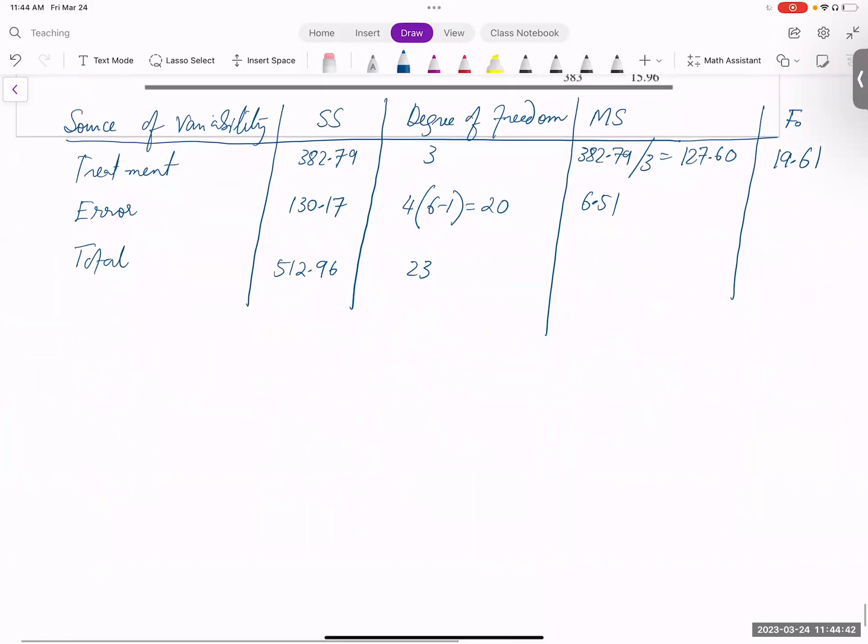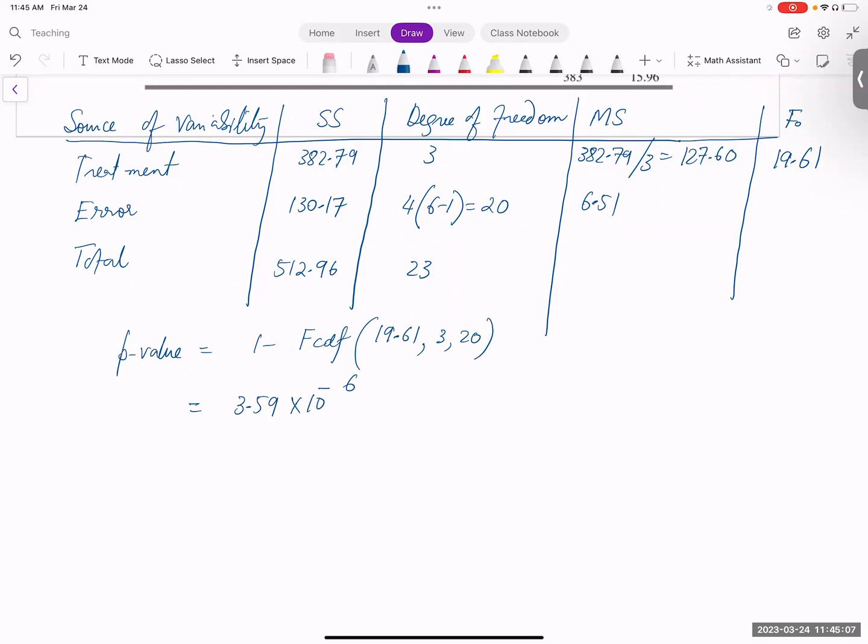Now, finally, we can compute the p-value. The p-value in this case is just 1 minus F CDF, with your test statistic, which is 19.61, 3, 20. And this is equal to 3.59 times 10 to the power minus 6.